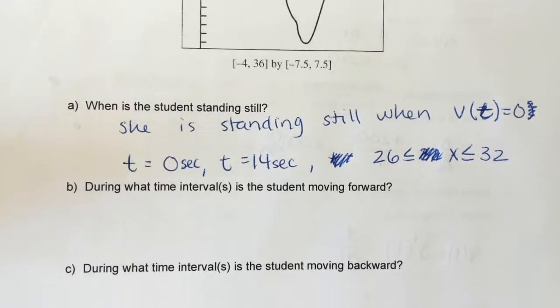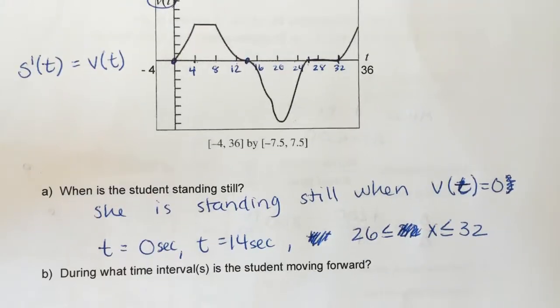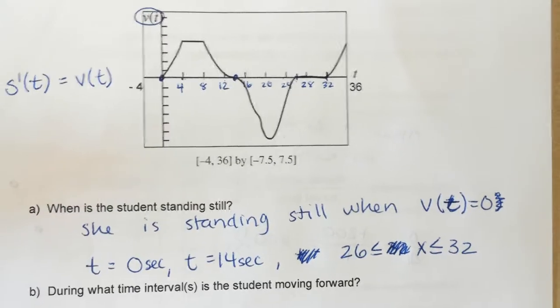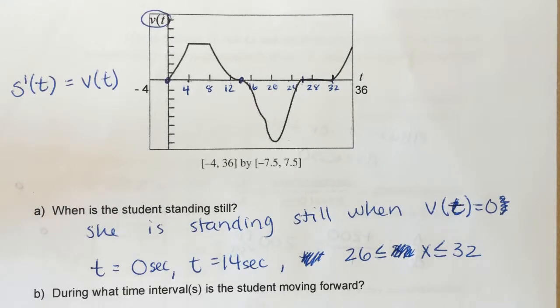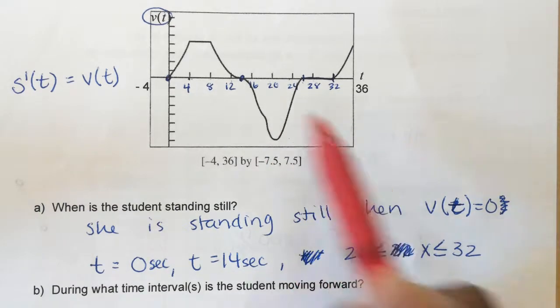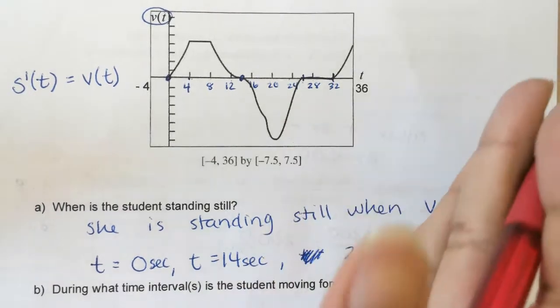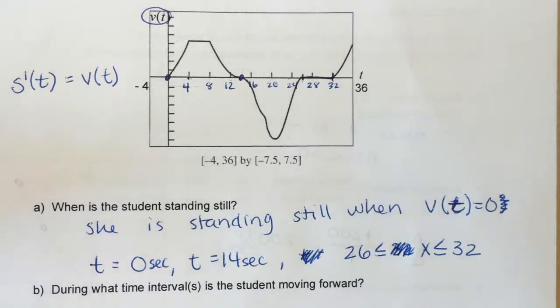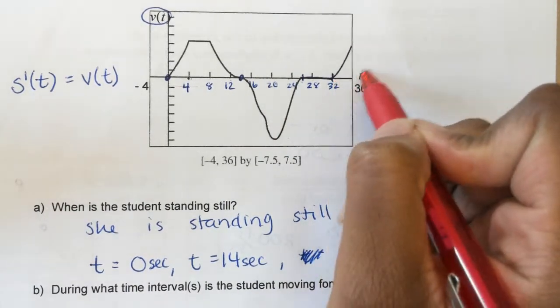Okay. So next thing we want to know is when does she begin moving forward? So since we're looking at a velocity graph, we know that velocity is the derivative of the position. So when she's moving forward, that means she's moving in a positive direction. And so our velocity should be positive when she's moving forward.